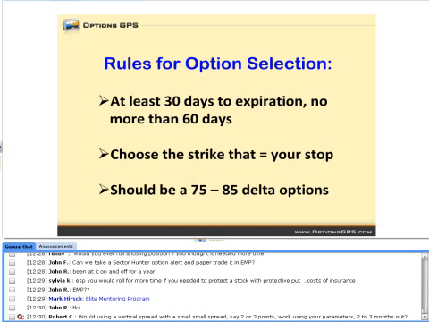We paper trade mostly, to continue the education that we learned in Options GPS. We have a real solid course that helps you understand all the ins and outs of trading in the options markets. And once we have that basic knowledge done, then we paper trade.